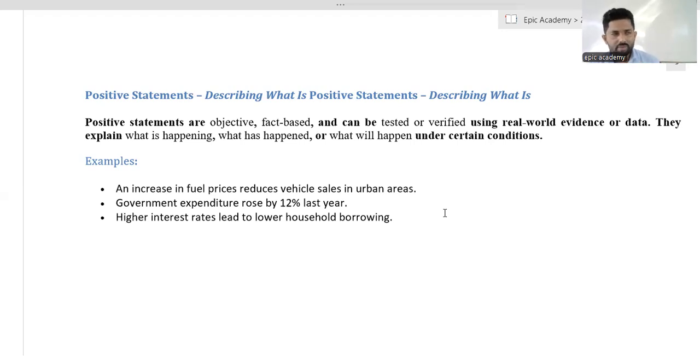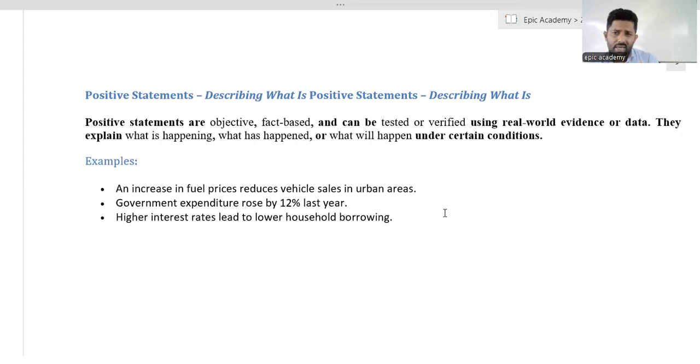You can check it. If I say that $1 converts to Sri Lankan rupees at 300, you can check it. You can find the information. How can we say that something like that is positive? Because the rate is noted by the Central Bank of Sri Lanka. That's the evidence. It can be tested or verified using real world evidence or data.